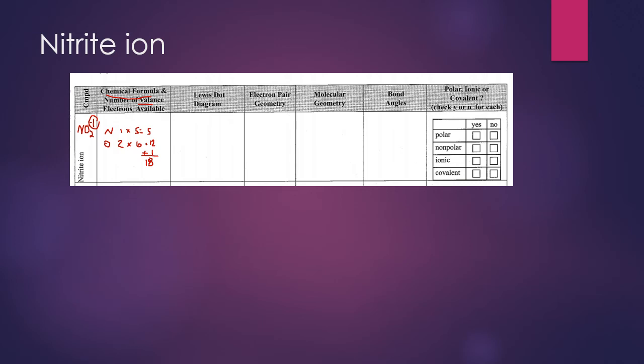Now for the Lewis structure, you want to start by putting the central atom in the middle and then the other atoms surrounding it. So I have nitrogen, and I'm going to put an oxygen on either side. The goal then is to make the terminal atoms happy first, and the terminal atoms in this case are the oxygens.